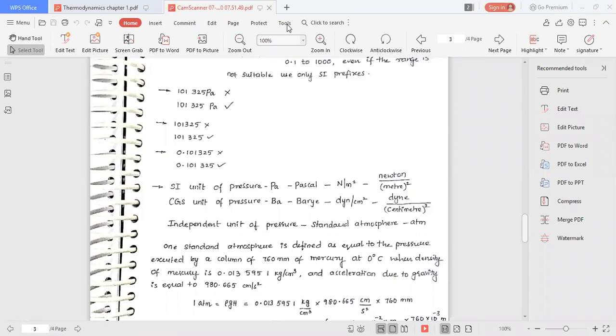Say now. What is the CGS unit of pressure? So I will ask Arvind, what is the CGS unit for pressure?